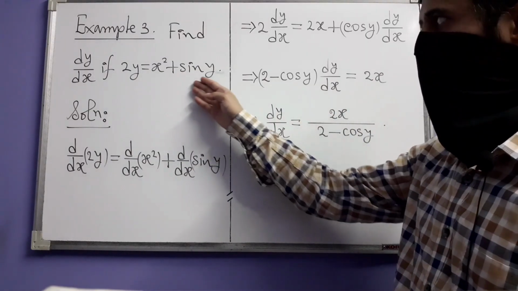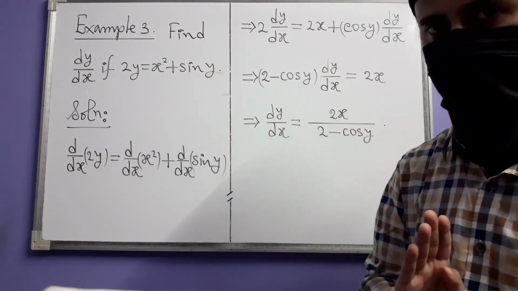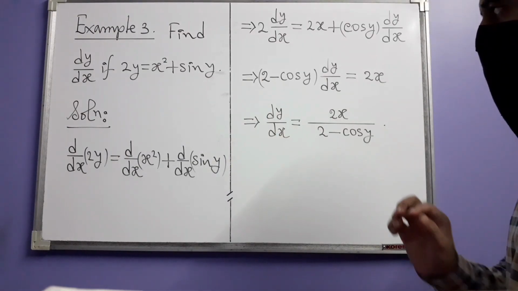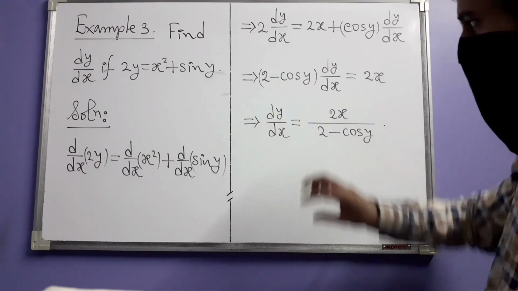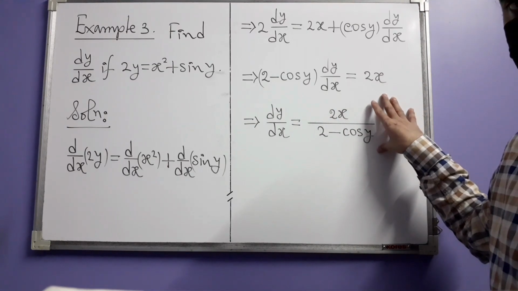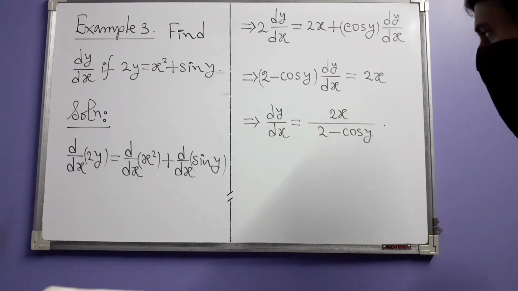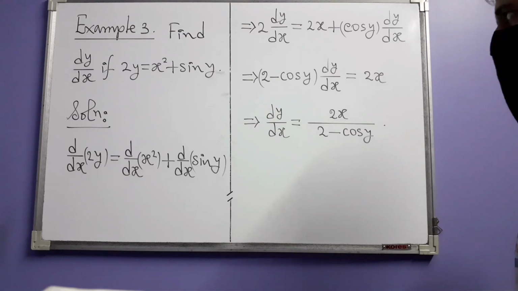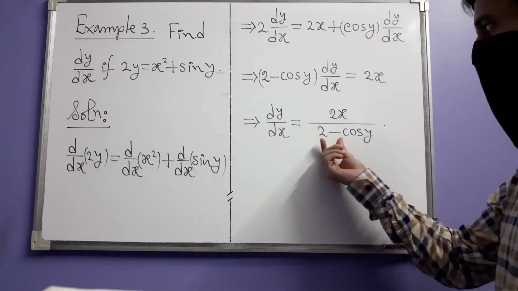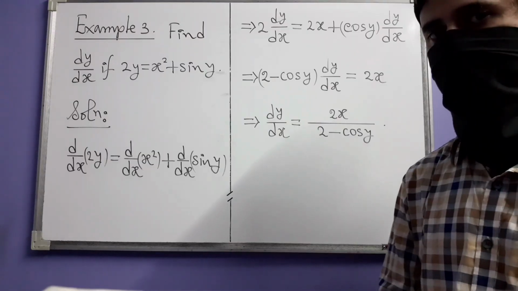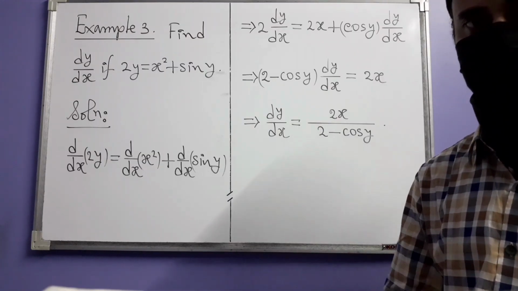So whatever graph this equation has, the slope of that graph at any point x comma y is given by this function 2x divided by 2 minus cos y. Do you notice one more thing? You do not have to worry about 2 minus cos y being 0. It is never 0 because cosine value is never equal to 2.